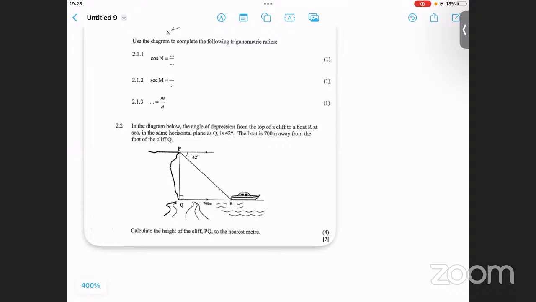On that one, the best way to think about it is to say, when it comes to anything that has to do with a right angle triangle, you have two things. You have angle, which is measured in degrees. You have size, which are lengths, which may be measured in millimeters, centimeters, meters, kilometers, whatever the unit.